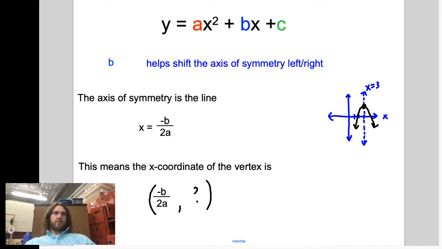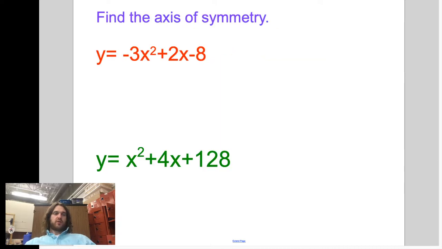So let's go ahead and run through this process. Let's do a couple practice problems calculating the axis of symmetry. I'm going to do the first one. You can see how it's done, and then you can try on your own. All right, so for example, here let's calculate the axis of symmetry.